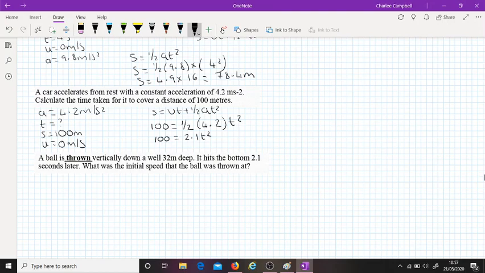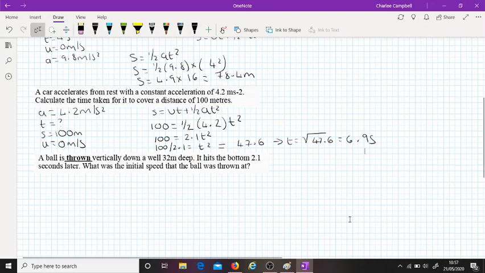Take that to that side, so 100 divided by 2.1 equals t squared. So t squared equals 47.6. So t is the square root of 47.6, which equals 6.9 seconds.